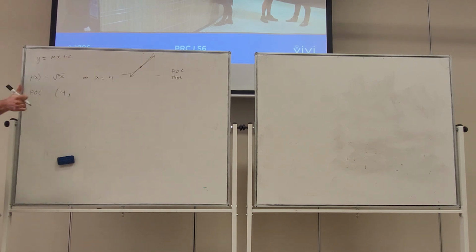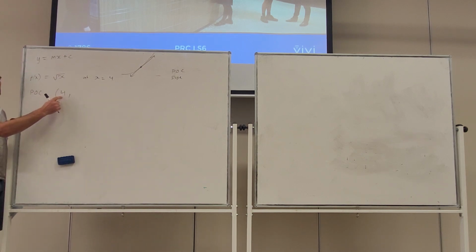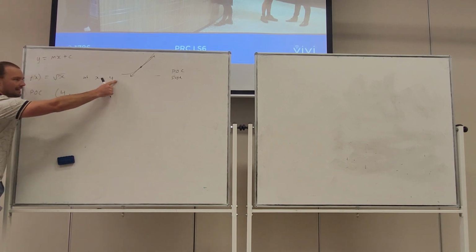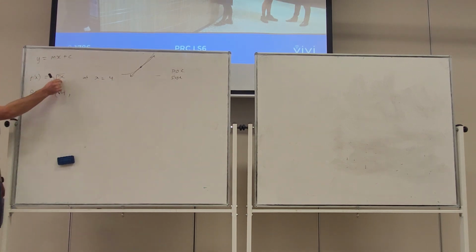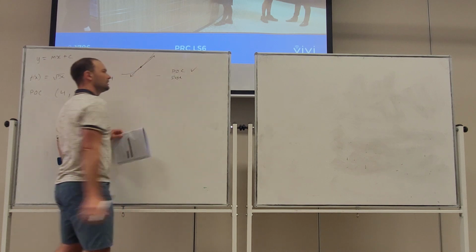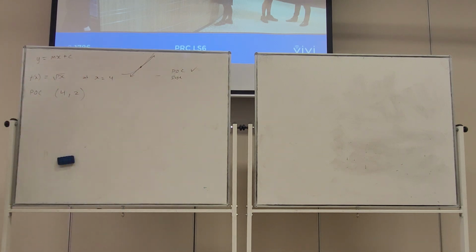We want to go, what's the y value where this tangent touches the function? So I've got the x value. To get the y value, I'm going to take that x value and put it into the function, right? Square root of 4, positive 2. Okay, so we have the point of contact. All right, so we've got the first piece of information, we've got the POC, next we need the slope.